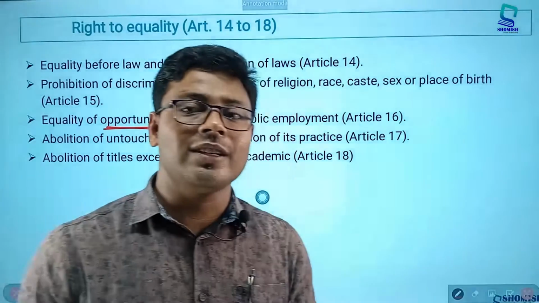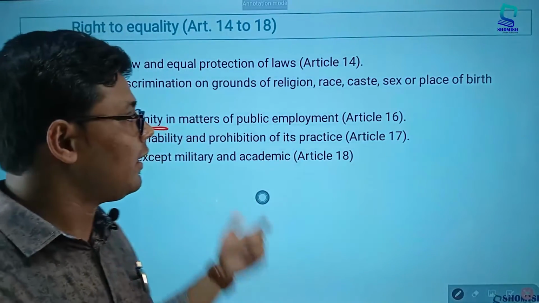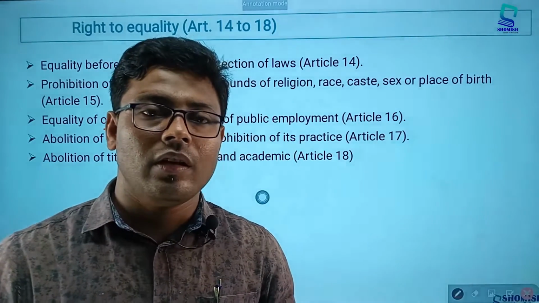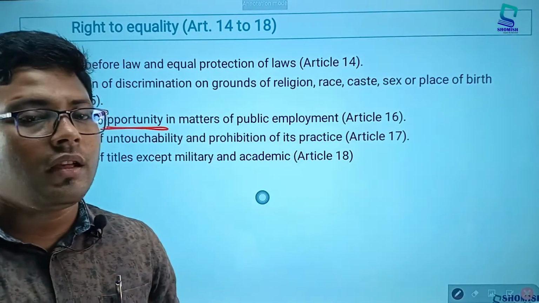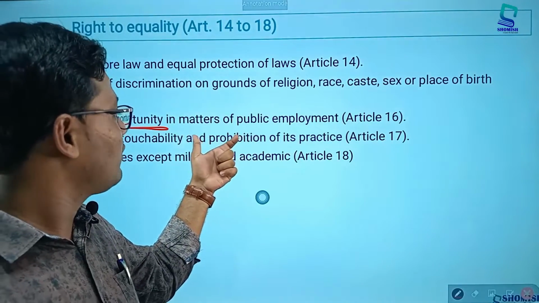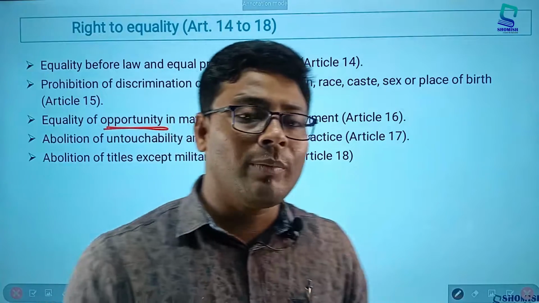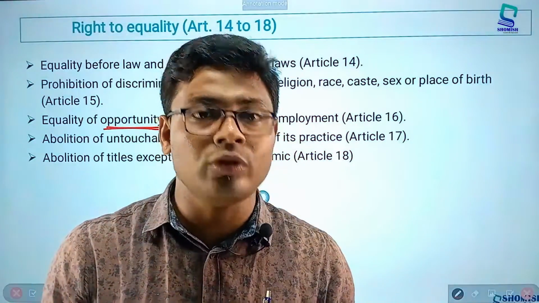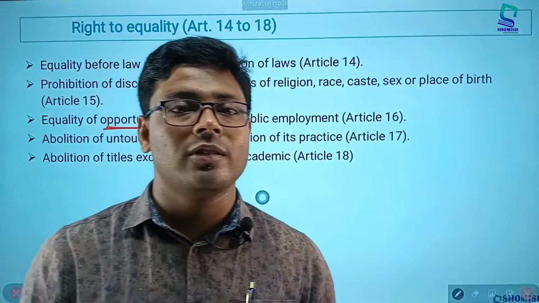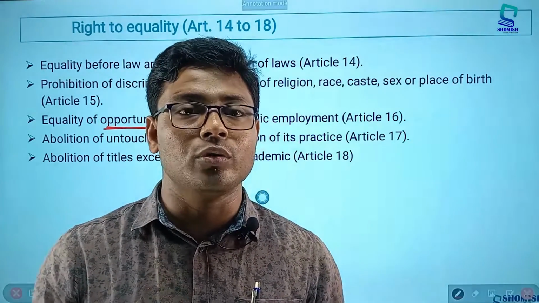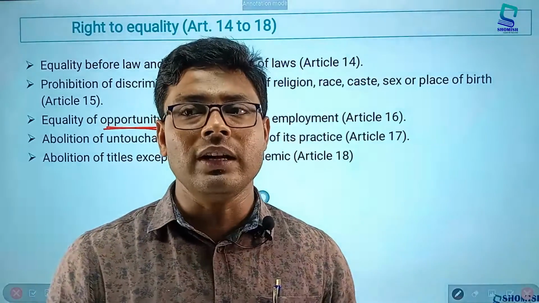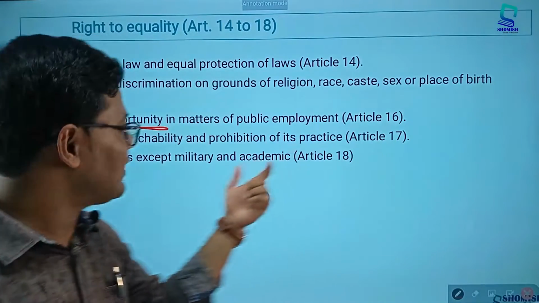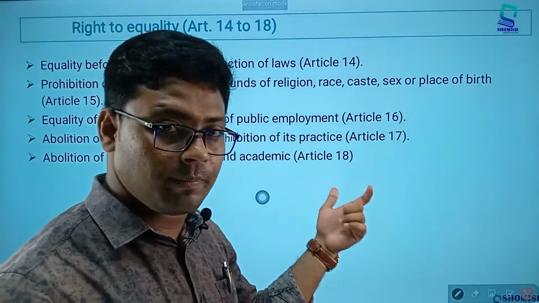But in case of public employment, everyone must get the employment on equal norms, and the state is bound to protect this. The state is bound to secure this equality in the sense of public employment. This is the main aspect of Article 16.